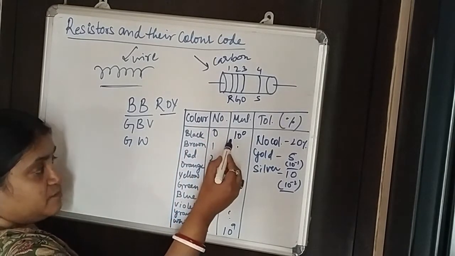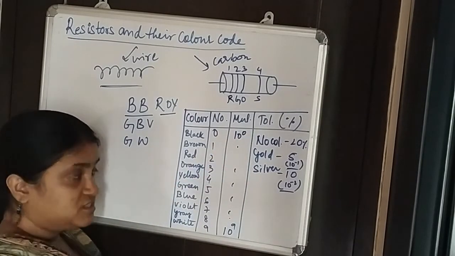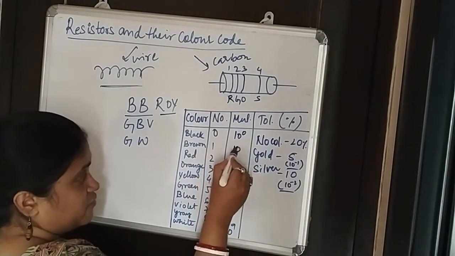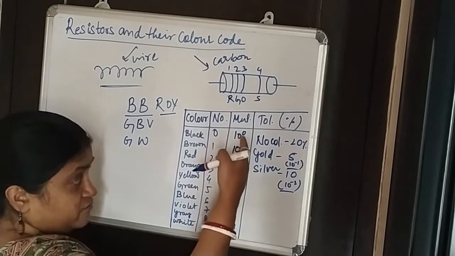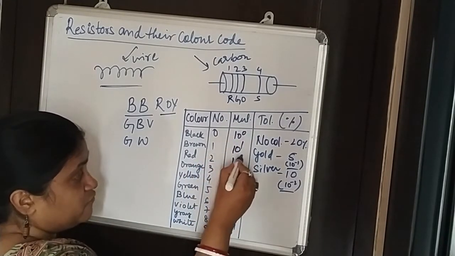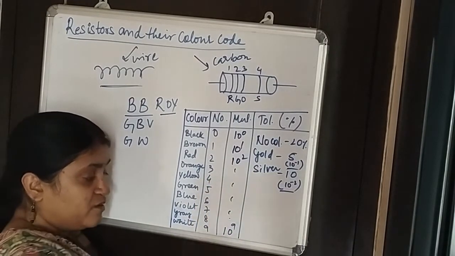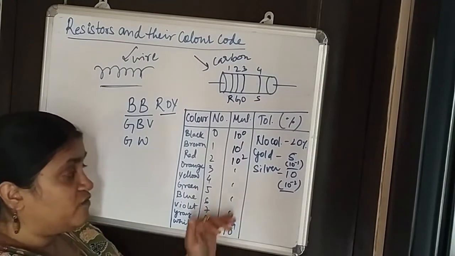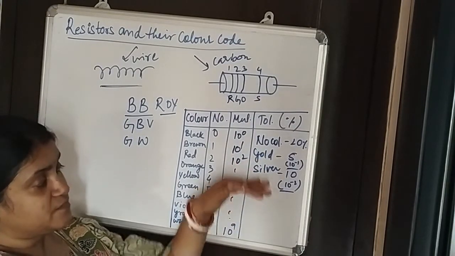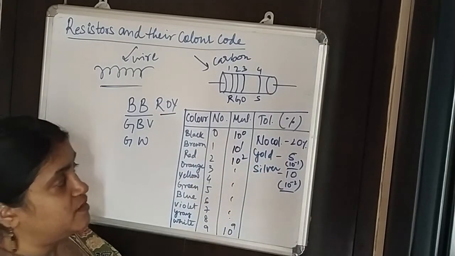Then I have the multipliers column. Black has a multiplier of 10 to the power 0, which is 1. Brown has a multiplier of 10 to the power 1, which is 10, then 10 to the power 2, which is 100, and so on. While white has 10 to the power 9, whereas gold and silver have 10 to the power -1 and -2, the negative side of the multiplier.